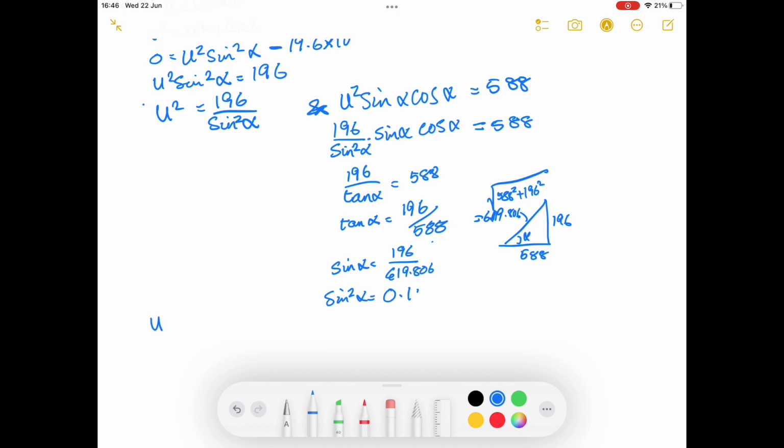So u squared equals 196 over 0.1, which is 1960. So done.